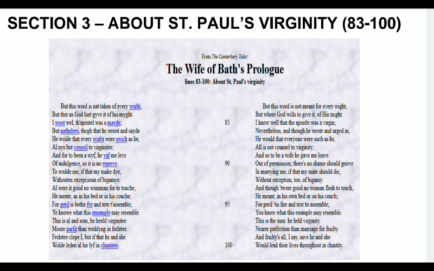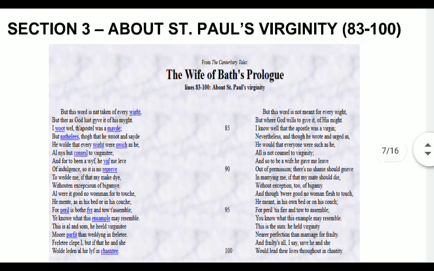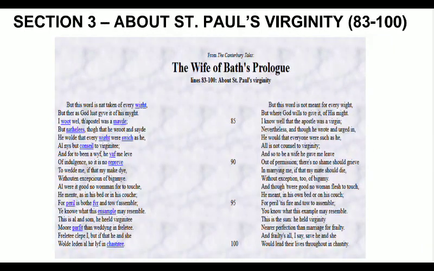And in that section, she also talks about Saint Paul's belief that virginity was better than marriage, and virginity or celibacy is a kind of higher state of life, the purest form of existence that a human can have.